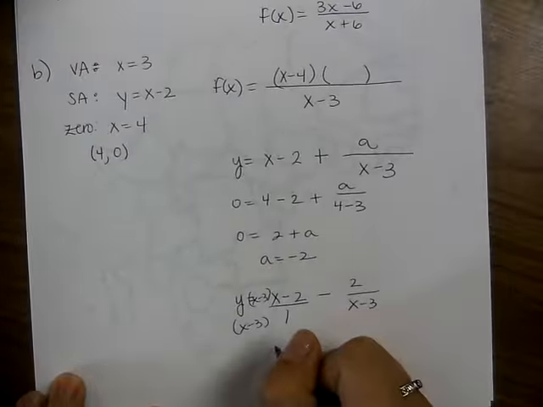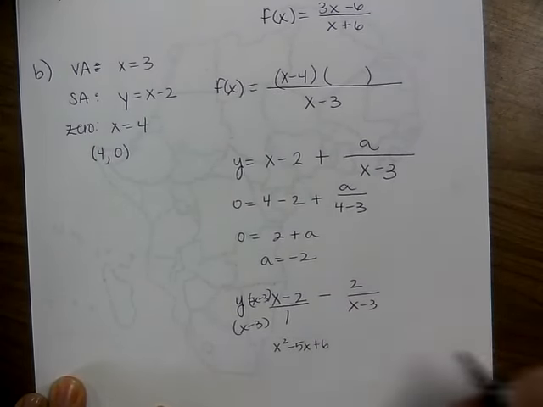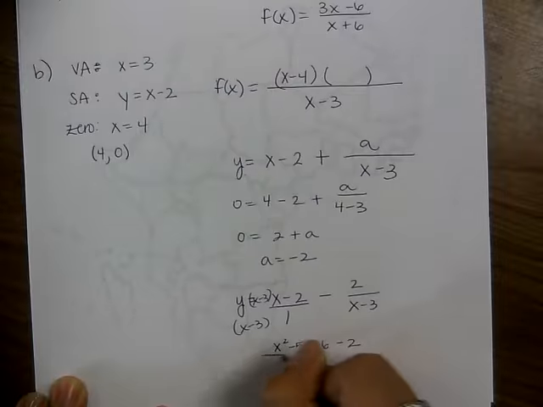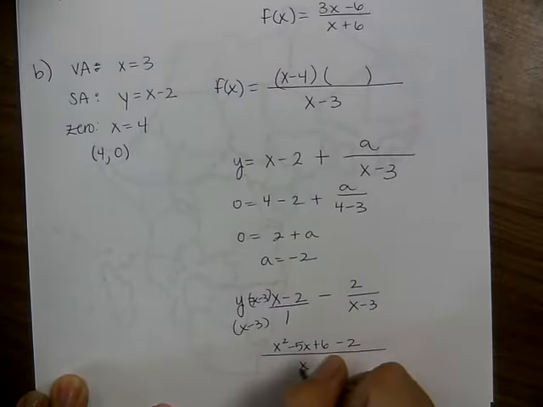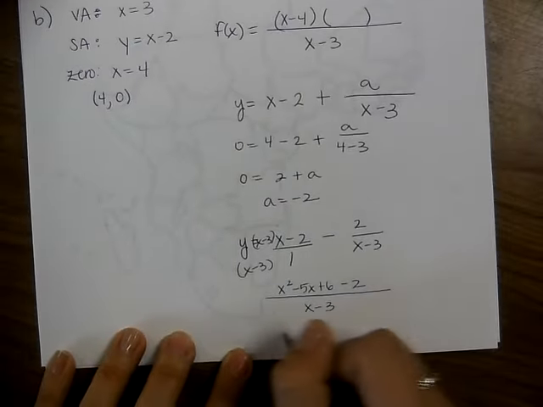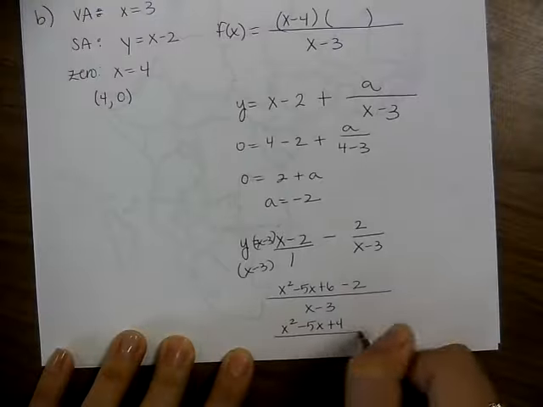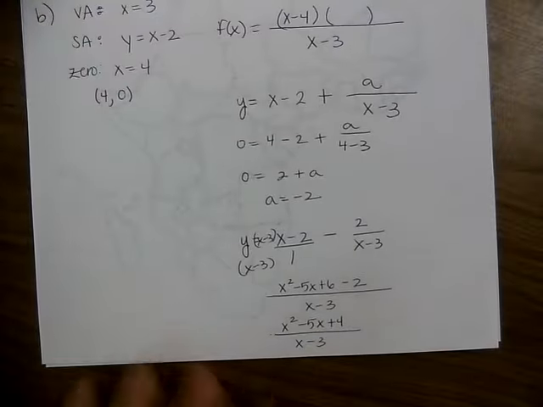When I do that, I end up getting x² - 5x + 6 minus this 2 over x - 3, right? You get the common denominator, you have to distribute this, and then you still have that minus 2 left over. So this simplifies to (x² - 5x + 4)/(x - 3).